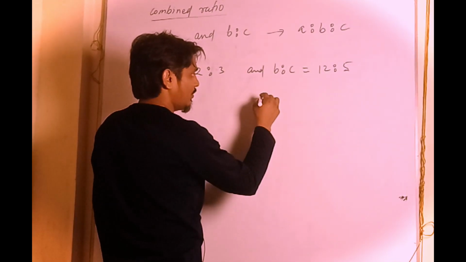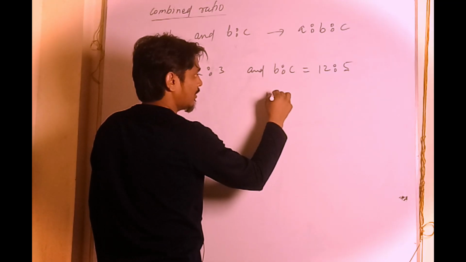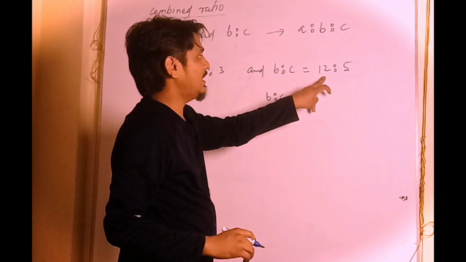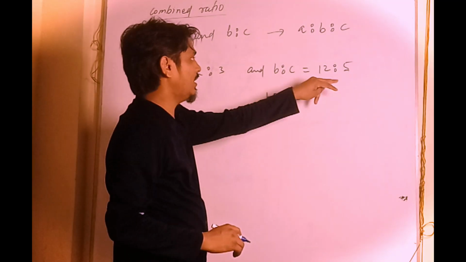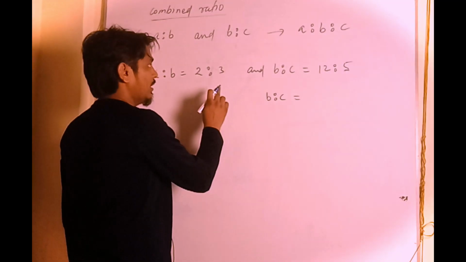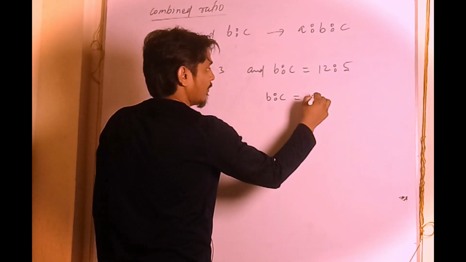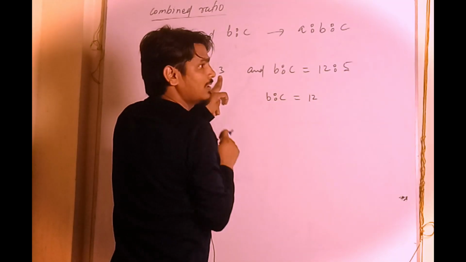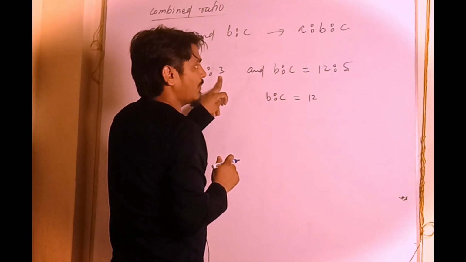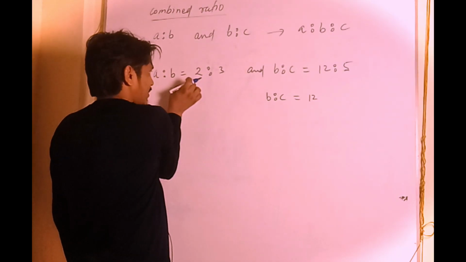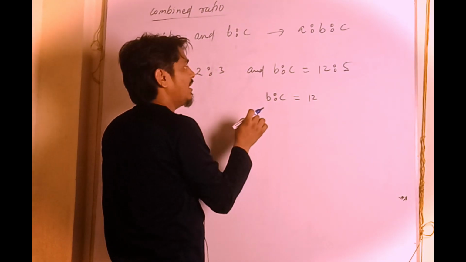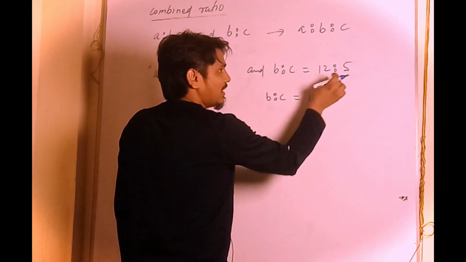For that, we multiply both antecedent and consequent of the second ratio by the B value of the first ratio divided by the B value of the second ratio.